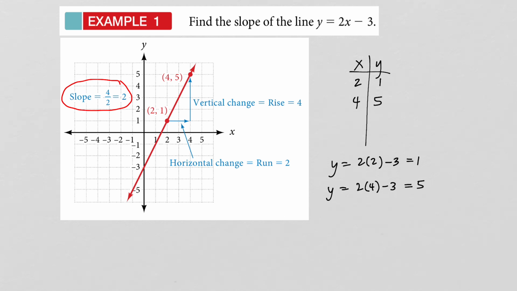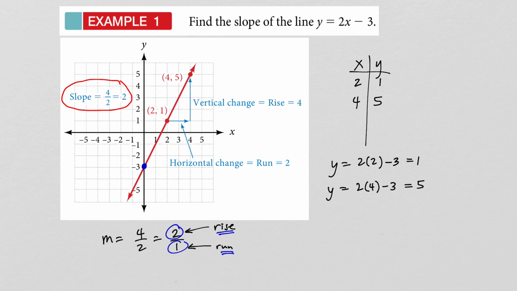Now, another thing about this slope, when we say 4 divided by 2 is equal to 2, keep in mind that it's the same as 2 over 1. And so you can reduce the slope, and you can think of the rise as being 2 and the run as being 1. And what that means is that if you're at any point on the line, for example, if you're at this point right here, to get to another point on the line, you only need to rise up 2 and run to the right 1.